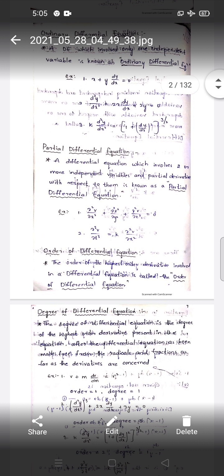The order of the highest order derivative involved in a differential equation is called the order of the differential equation. Next topic: order of a differential equation and degree of a differential equation. What is the order? The order of the highest order derivative involved in a differential equation is called the order of the differential equation.